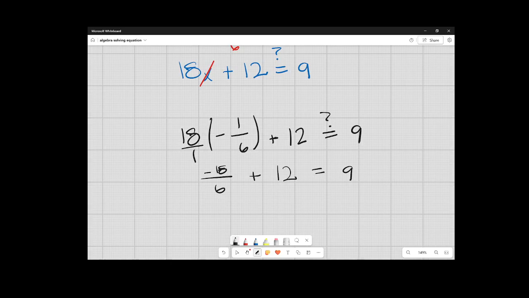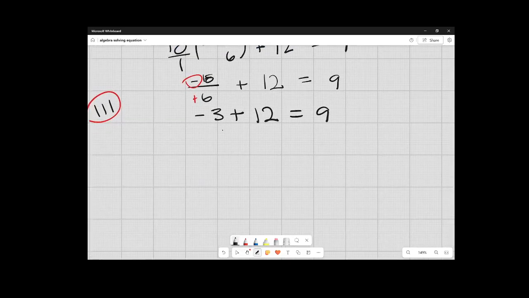What else can we do here? We can simplify this. How many times is 6 going to 18? Count on your fingers. 6, 12, 18. Goes in 3 times, right? And we have this negative sign divided by a positive, so that's going to result in a negative number. So it's negative 3 plus 12 equals 9.